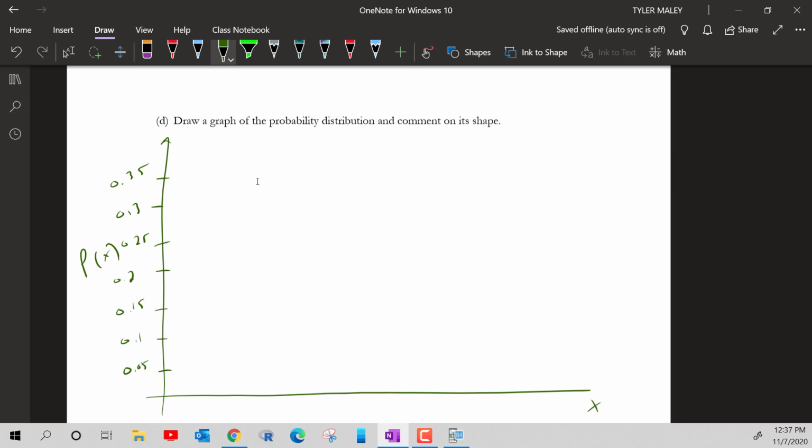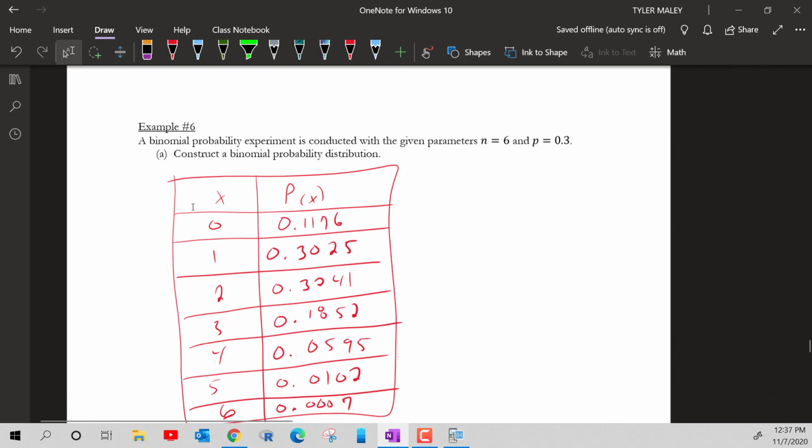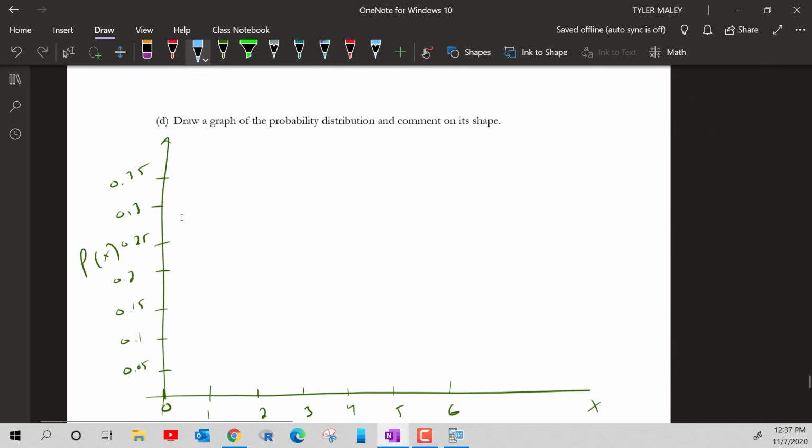And then along the x's, we need to go up to 6, and this here would be x equals 0. So then we just need to look at the table that we made in part A and graph those. The first, for 0, is 0.1176. So somewhere around here.